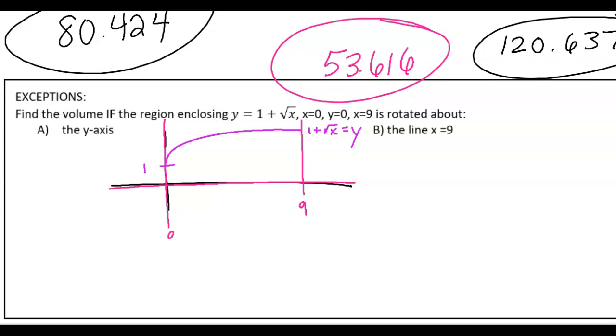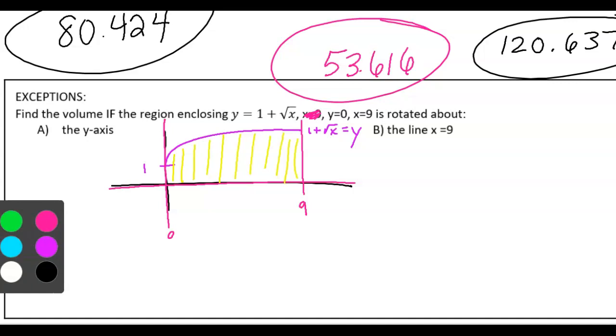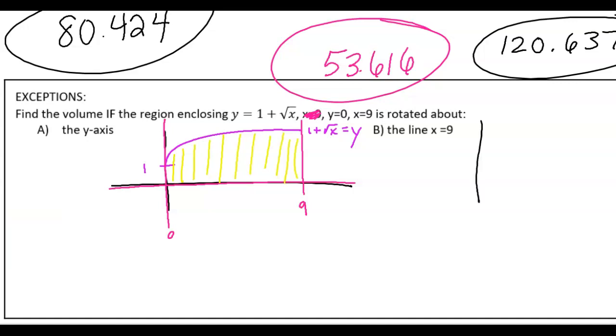Okay, and so they wanted to show that we were looking at, we really didn't need this, but that's okay. We're looking at this region right here, okay? And so I'm going to draw another one over here just because I know we're going there.